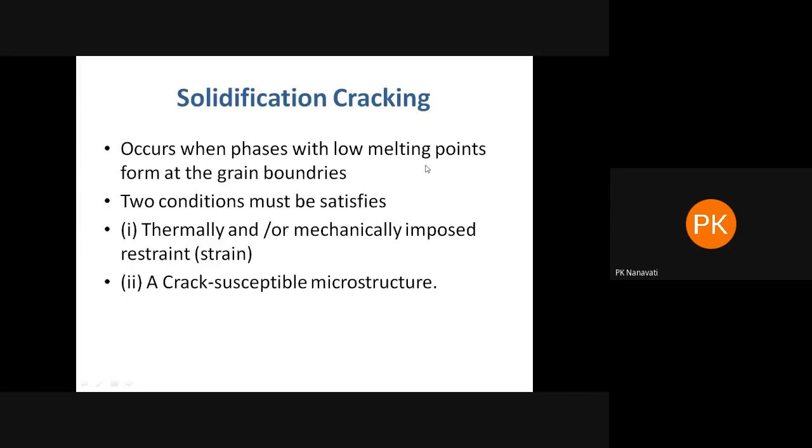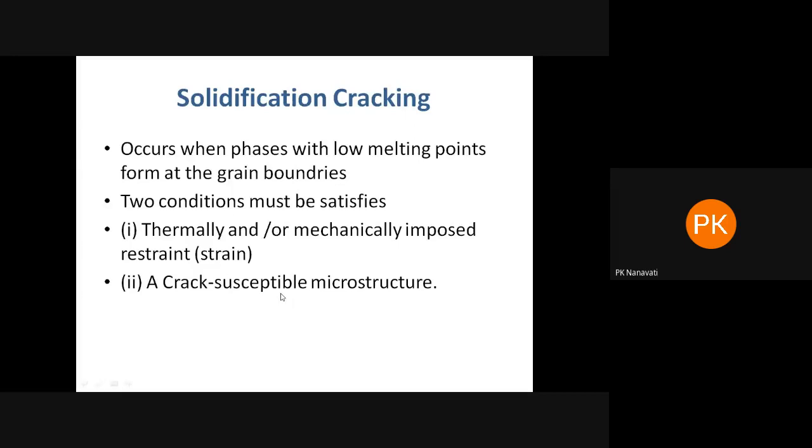They freeze at a very low temperature. So what happens? Most of the matrix has solidified, but these sulfur and phosphorus have not. So what they do, they just develop a crack sensitive microstructure.